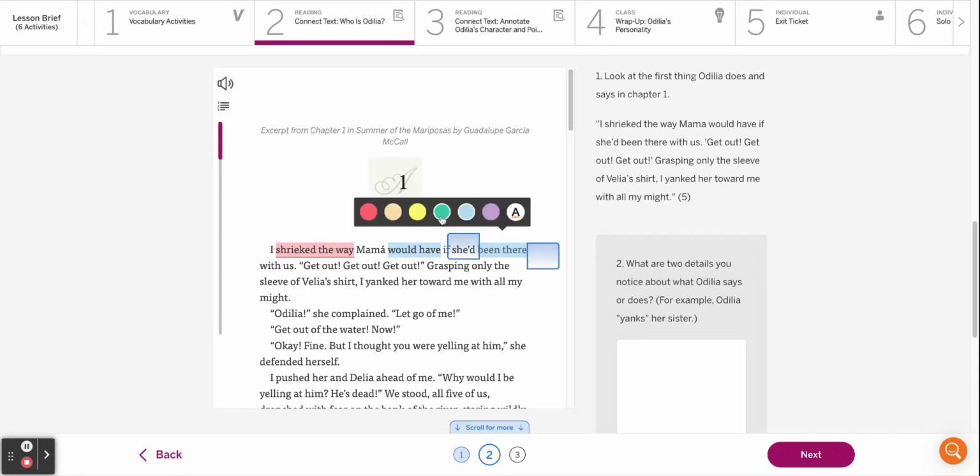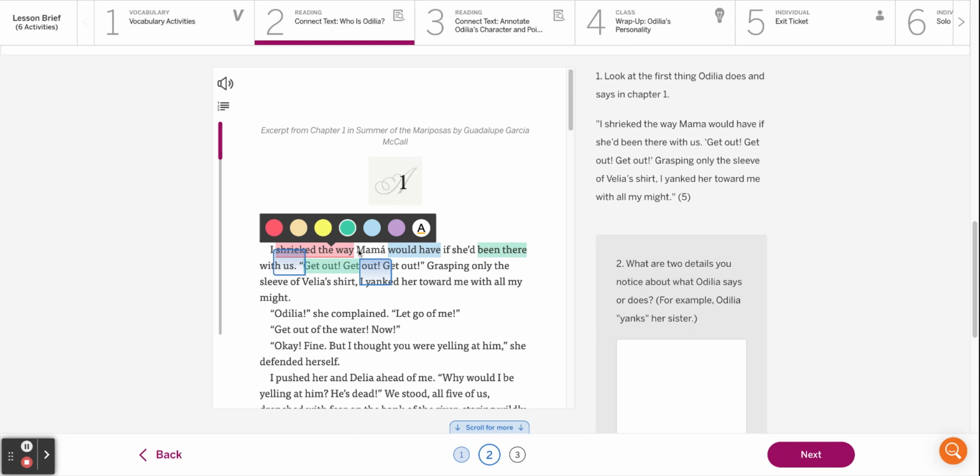What they say in green. And thoughts in yellow. None of these were what we used yesterday, so you should have separate color highlights.